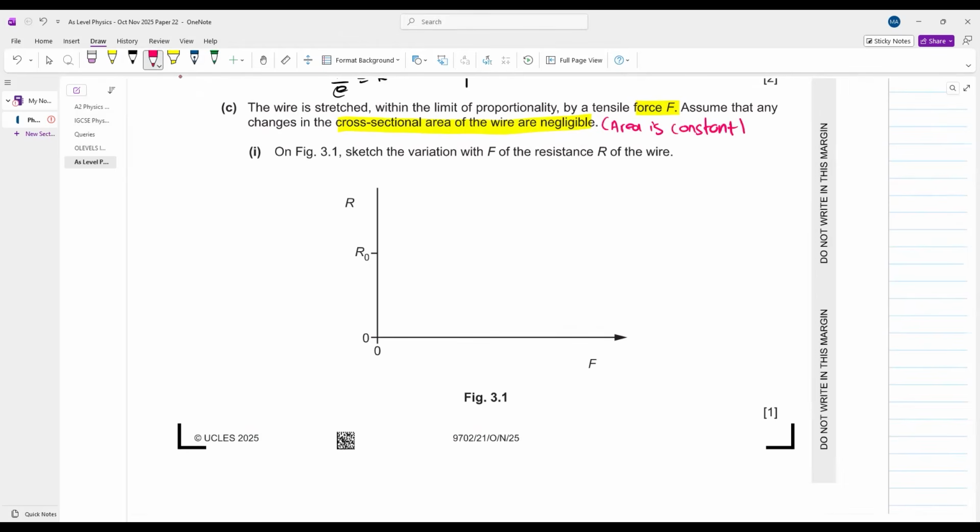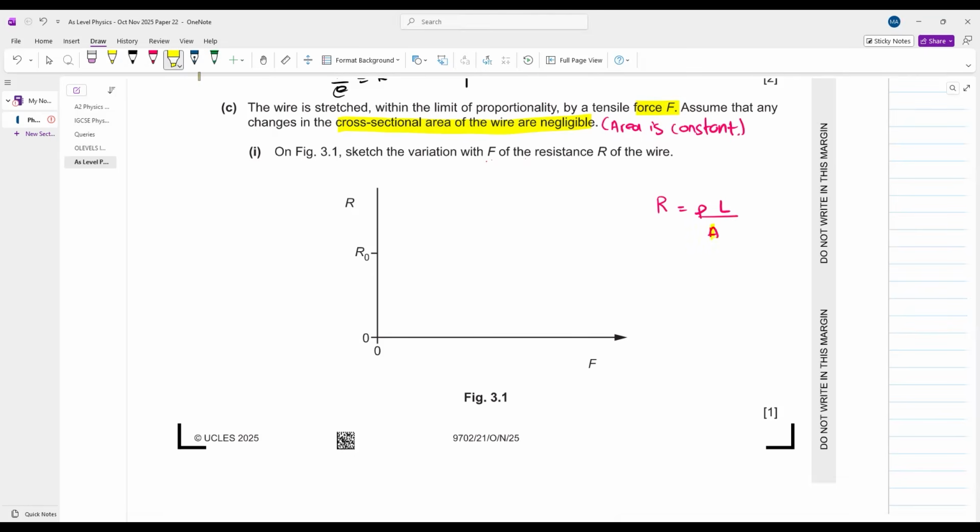Perfect. On figure 6.1, sketch the graph for the variation with force F of the resistance of the wire. How will you do that? How will we draw the resistance versus force graph, sir? We don't know how to do this question. It is very easy. Do you remember resistance is equal to resistivity into length divided by area?